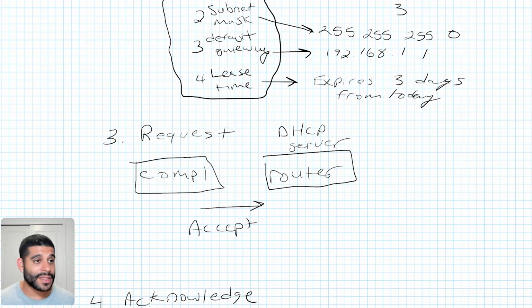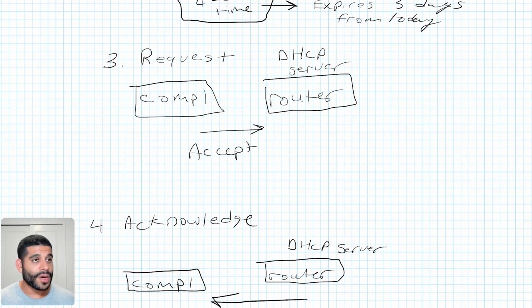And this is where the request comes into play, where client 1 says, hey, I'm going to accept your offer, what you offered me in the previous step, and it sends that back to the DHCP server, which is the router, except it's very specific in what it's accepting. Remember, when it's getting multiple IP addresses, that means multiple messages are coming, so I have to pick one of the messages. In this case, we'll choose the IP address 192.168.1.2.